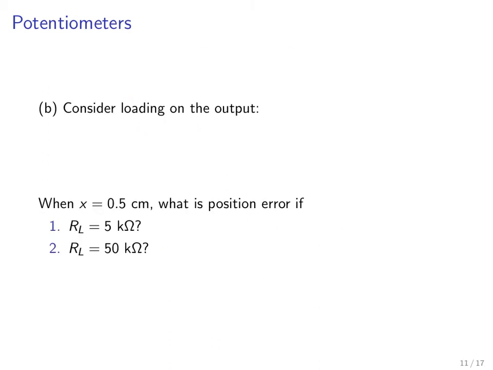So now let's consider a problem where we have the potentiometer connected to some output circuit with finite input impedance. So now we've got the potentiometer here again, and it's got the same Vin, same length and everything. It'll be L equals 1 centimeter and R equals 5 kiloohms.